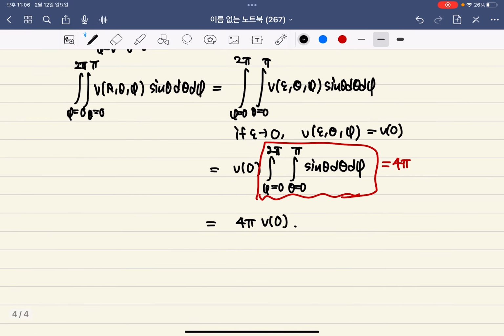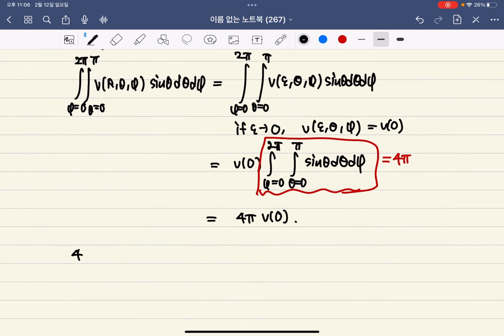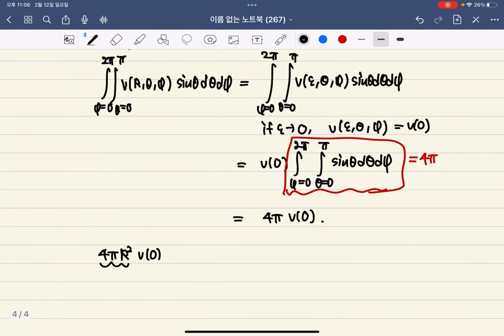So now we multiply it by r squared, which is the surface of the uniform sphere.